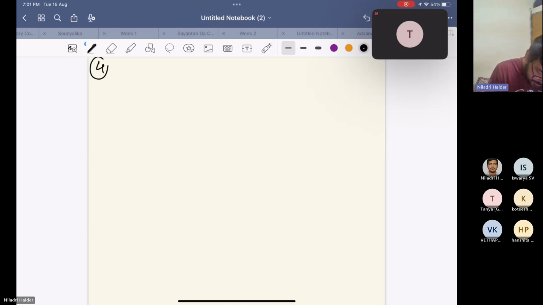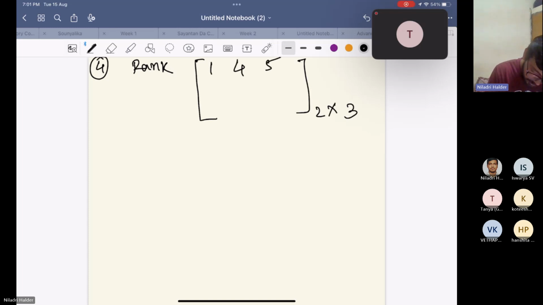Then the next question is about the rank of a matrix. Let's take some 2 cross 3 matrix: 1, 4, 5 in the first row and 4, 18, 26 in the second row.